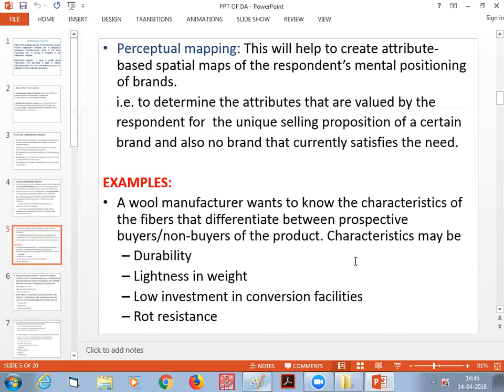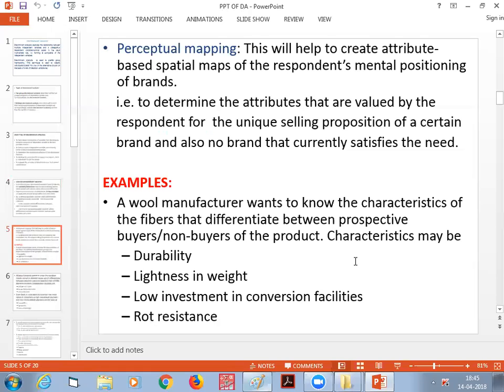Using that data, we may develop a model and we can classify whether a customer belongs to a buyer or non-buyer of that wool product. So again, that is a discrimination. This is not a perceptual mapping, it is a classification. We are classifying. So here my concentration is about classification. There are three types I told you, but I am discussing the most, this is nothing but a classification only.